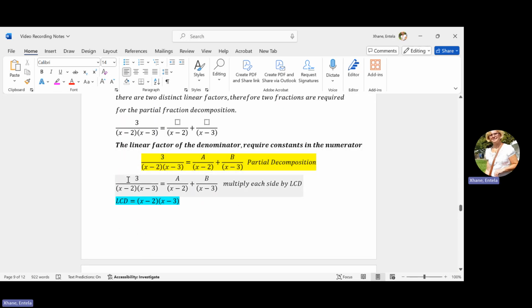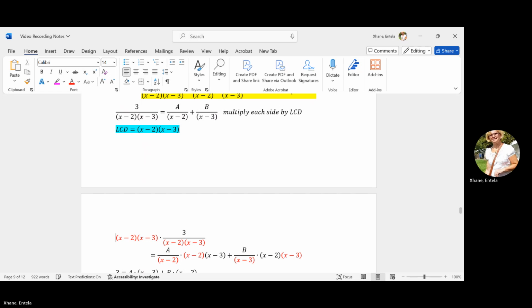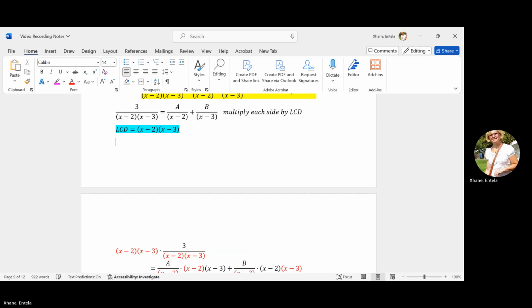Let's put a name in there. Method 1 to find a and b. And I'm going to highlight this.